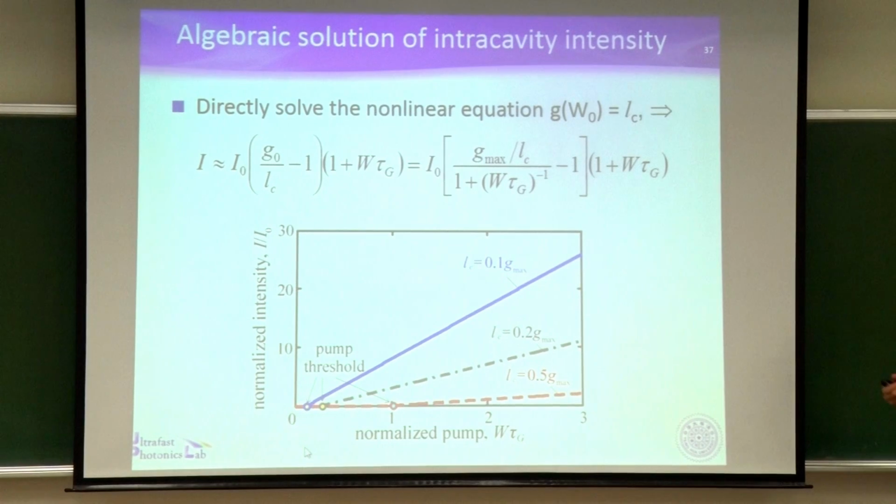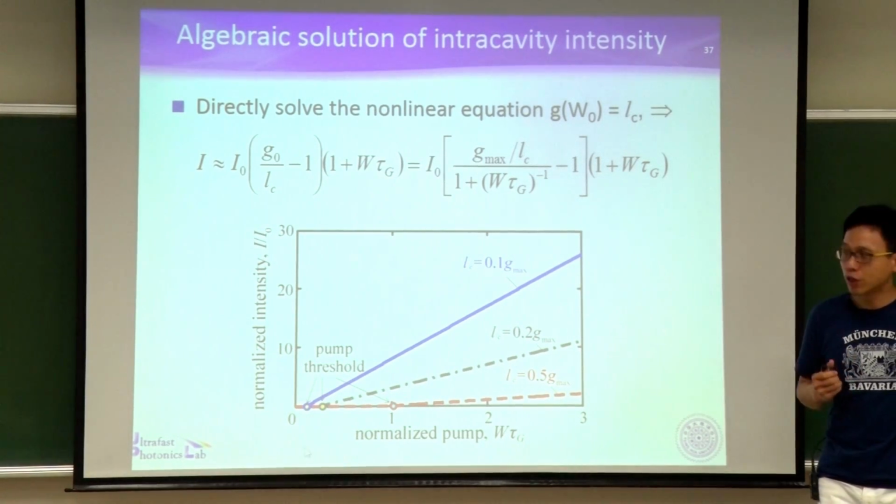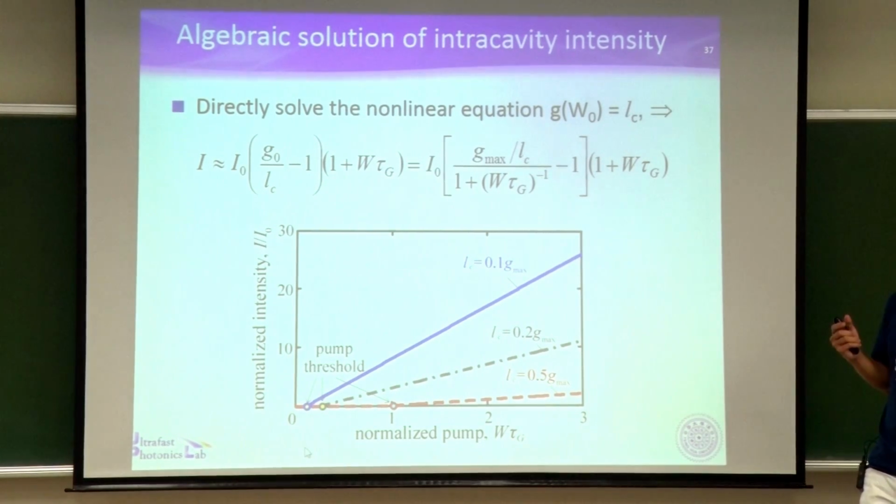Again, we can use a figure to help you see the meaning you can get from this formula. Here I show you 3 examples. The blue curve represents the light intensity versus the pump rate when your cavity loss is smaller, say it's only 10% of Gmax.